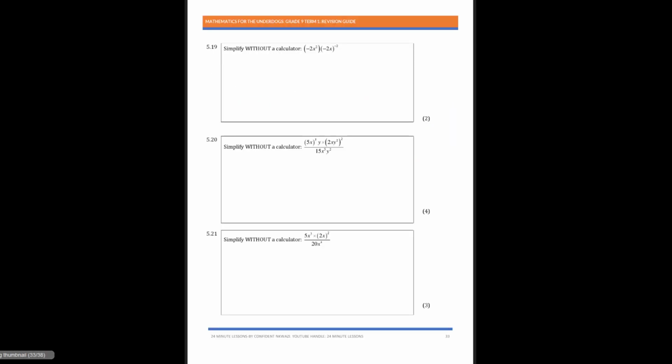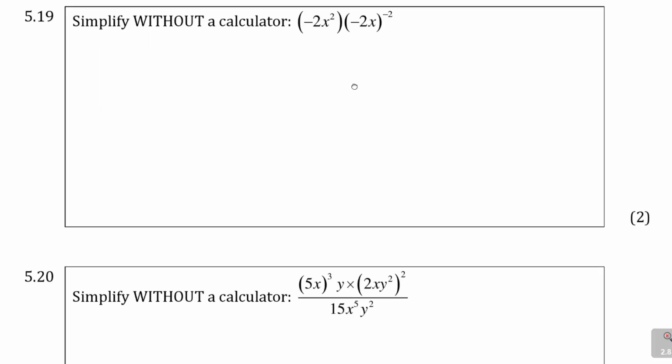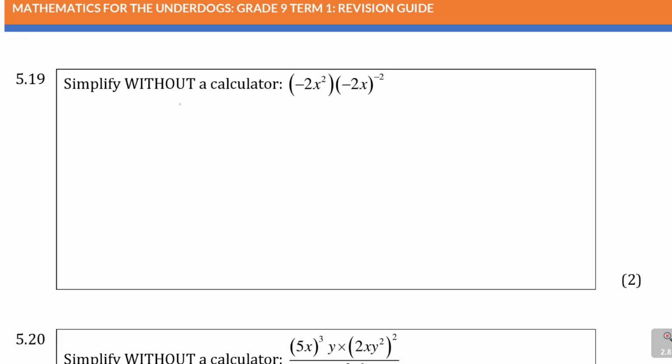Alright. Next one. Remember guys, this is a revision session. These are different questions that you can expect in your exam. It says simplify without a calculator. Whenever there is x and x, obviously I can't use my calculator fully, but look at this. They gave me a bracket and another bracket, but the other bracket is 2 marks.